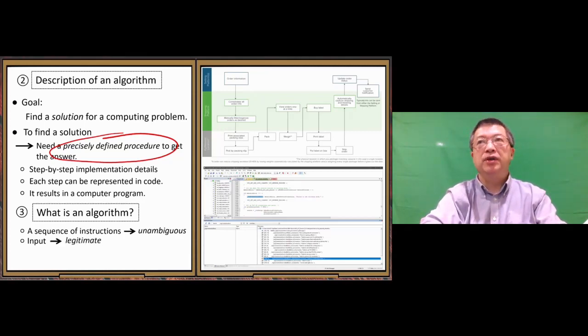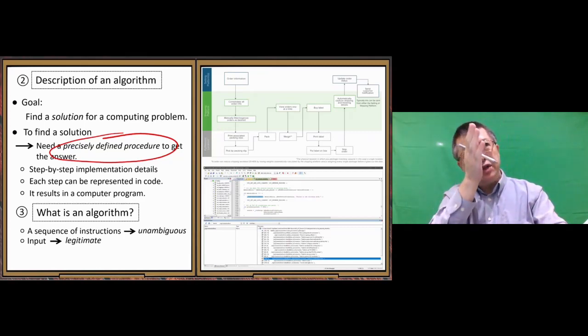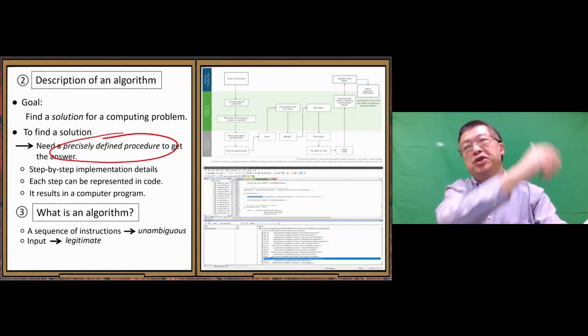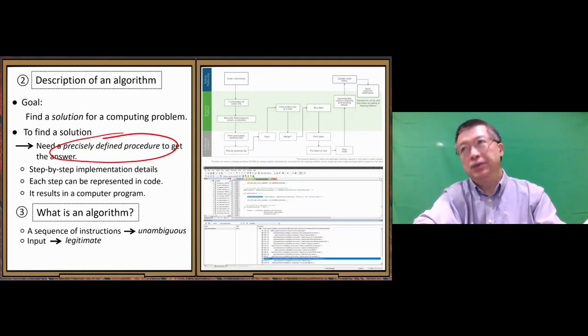It should be legitimate. You need to make sure your input satisfies the required business conditions. Here we are talking about computing problems in the business world, so the conditions are very important. We can treat this step as the data validation step.